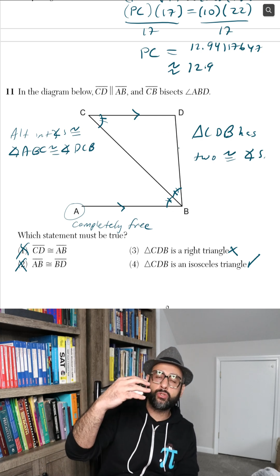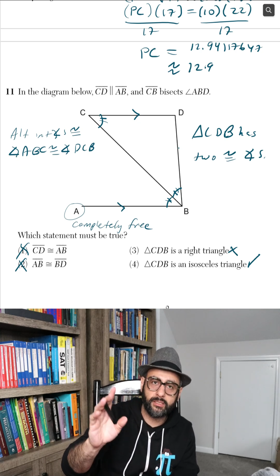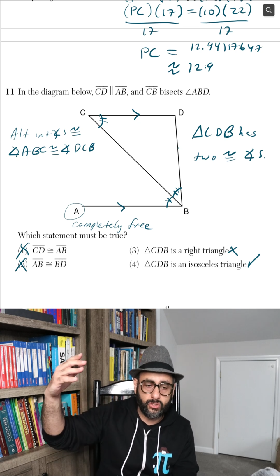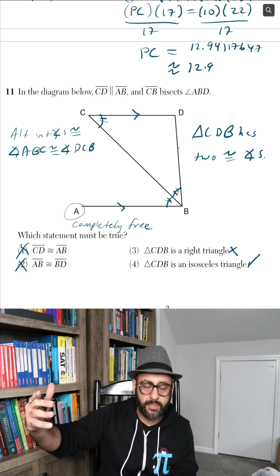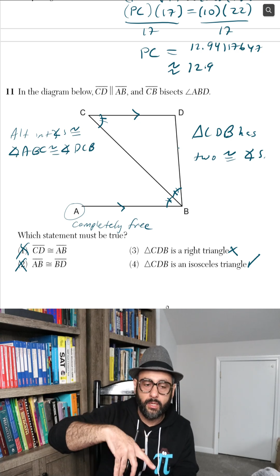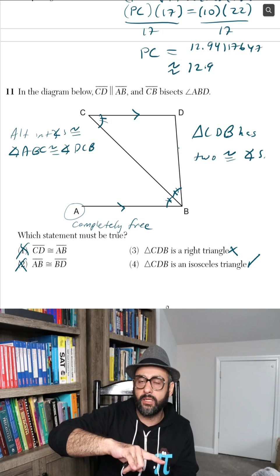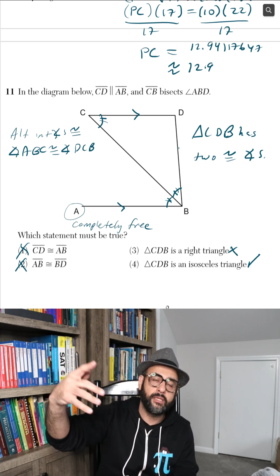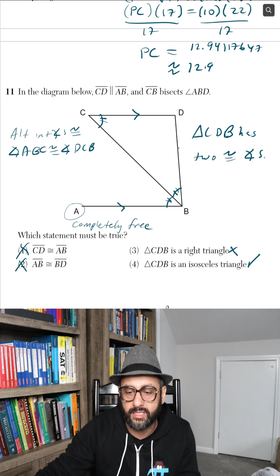A triangle with two congruent sides is isosceles, and there is an isosceles triangle theorem which states that if the triangle has two congruent sides, so it's isosceles, then it has two congruent base angles. And then the converse of the isosceles triangle theorem says that if the triangle has two congruent base angles, then it has two congruent sides, and therefore is isosceles.